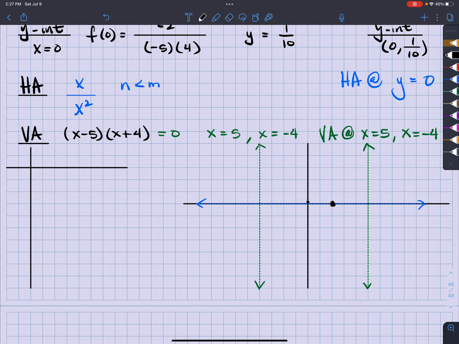So I'm going to go ahead and just do -3 and -5, and then I'm also going to do 4 and 6. Those are my x values.